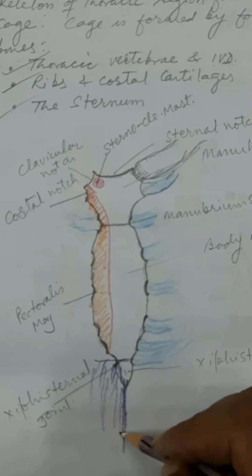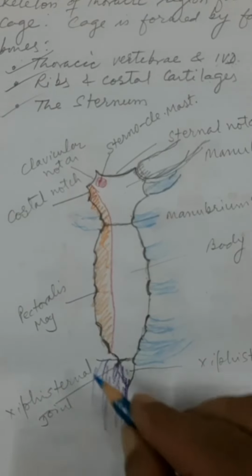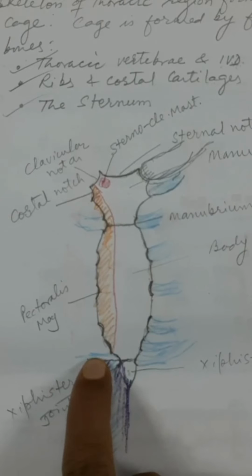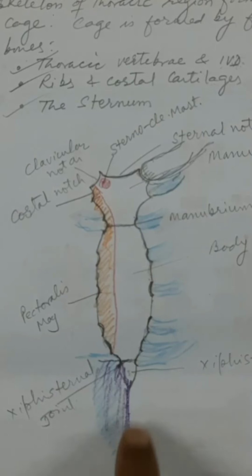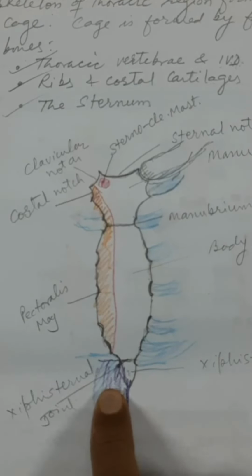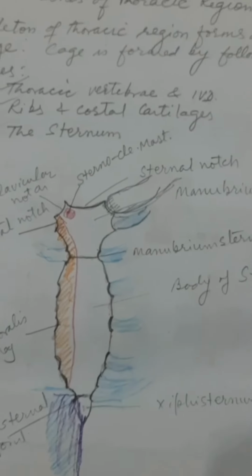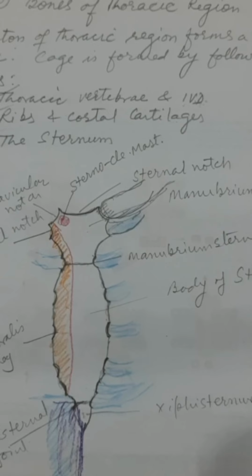So from this area there is the origin of the rectus abdominis muscle, and then there is the attachment of the aponeurosis of the external oblique muscle. The aponeurosis of the external oblique, the linea alba and the rectus abdominis are attached onto the lower part of the sternum, mostly to the xiphoid process and its lateral margin.